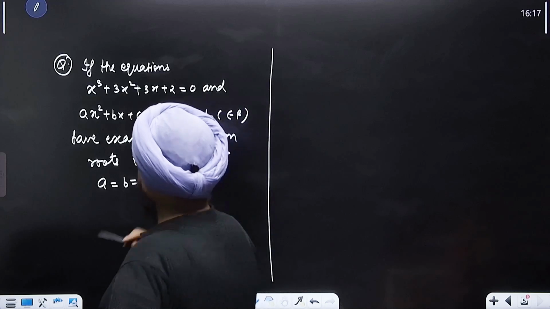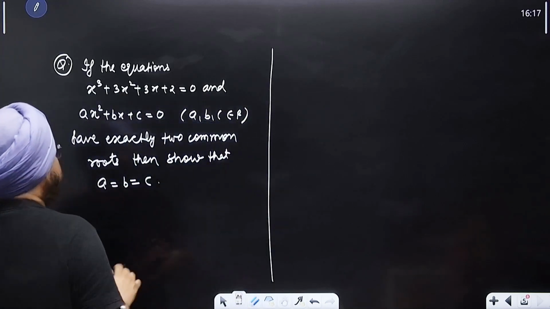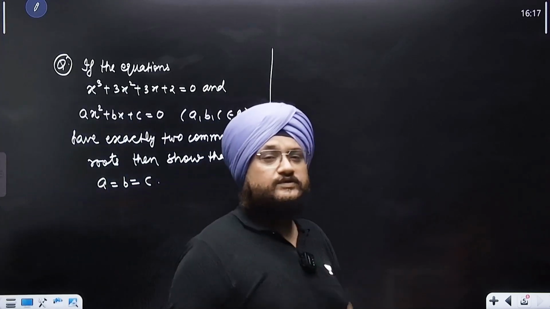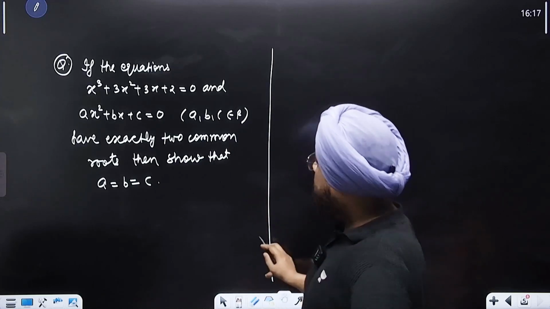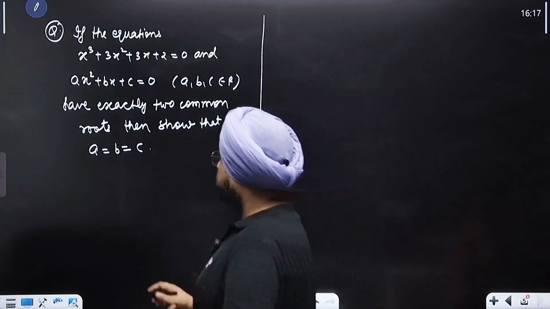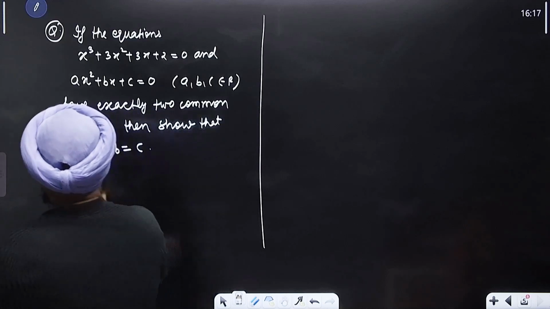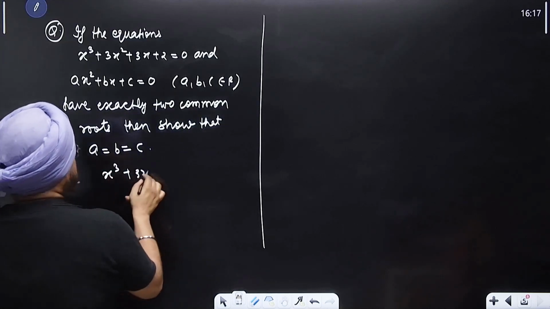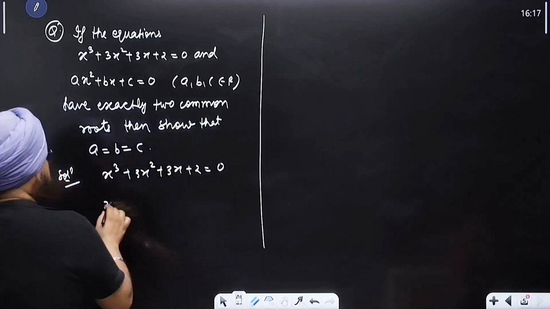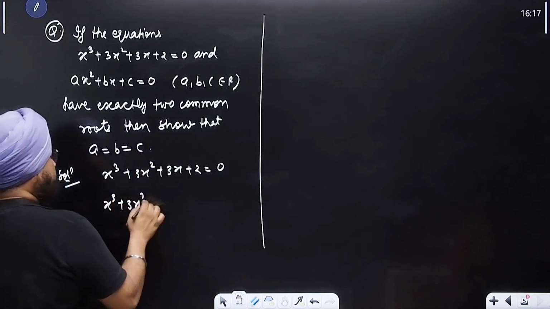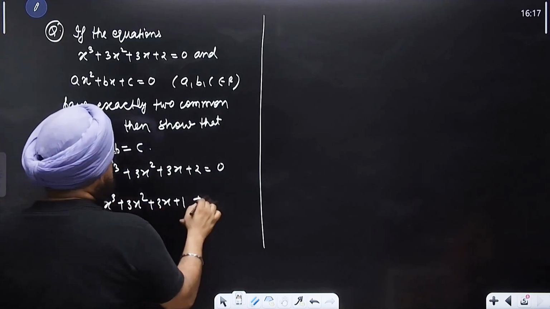So again, of the given two equations, one is a cubic equation and the other is a quadratic equation, and the cubic equation can be solved directly. x cube plus 3x square plus 3x plus 2. We can write x cube plus 3x square plus 3x plus 1 plus 1.